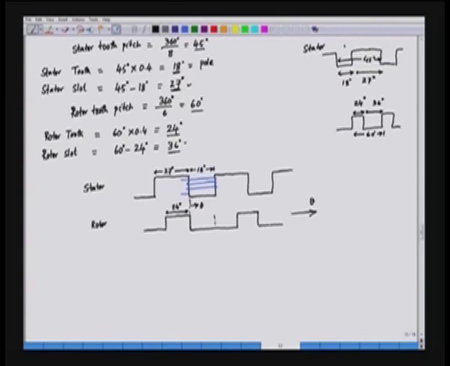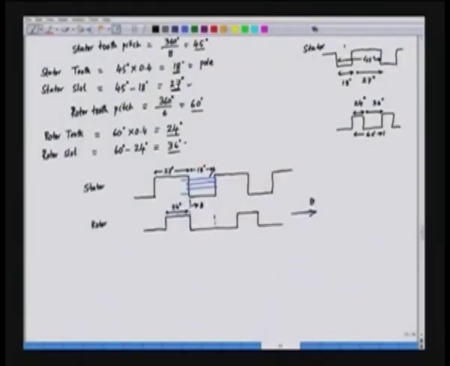Now, we can plot the inductance of the winding on the stator. Say for example, we can call this winding the phase A winding. Let us try to see how the phase A inductance varies as the rotor comes under the stator and moves away.